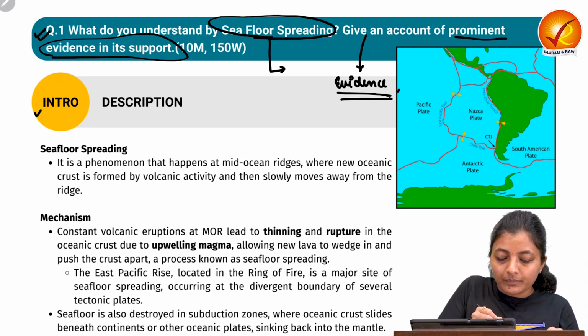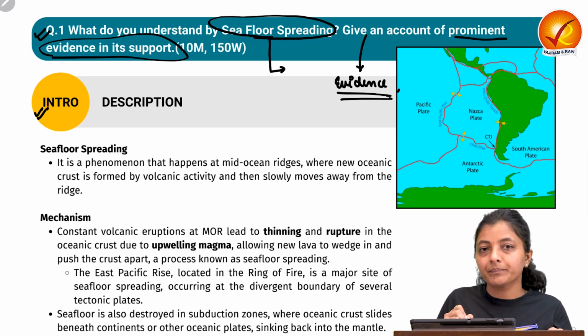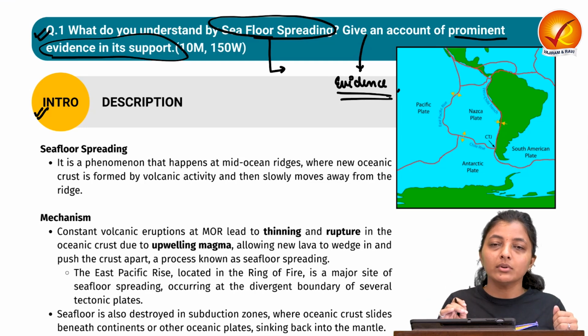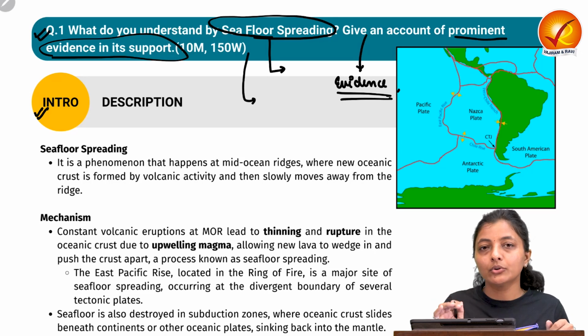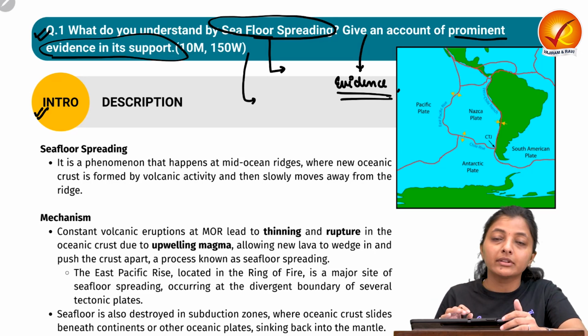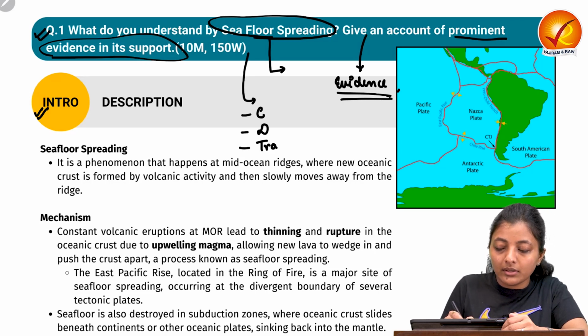Okay. So, starting with the introduction, you can directly hit the first demand of the question, that is, what is seafloor spreading theory, or you can write some background related to seafloor spreading. Now, we know that there are 3 types of boundaries: convergent boundary, divergent boundary, and the transform plate boundary.